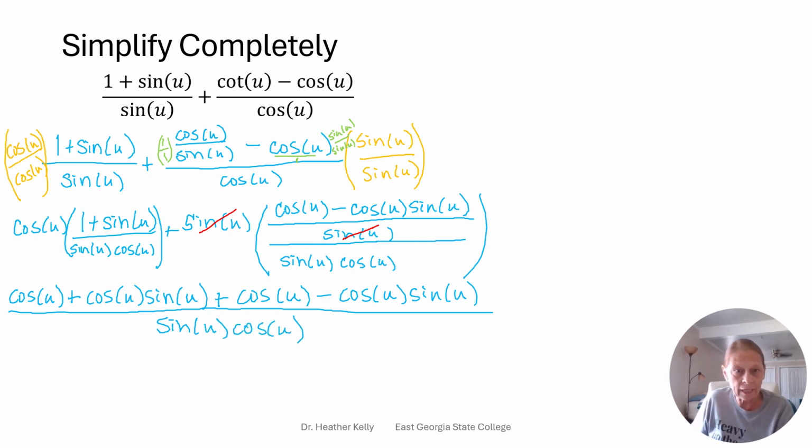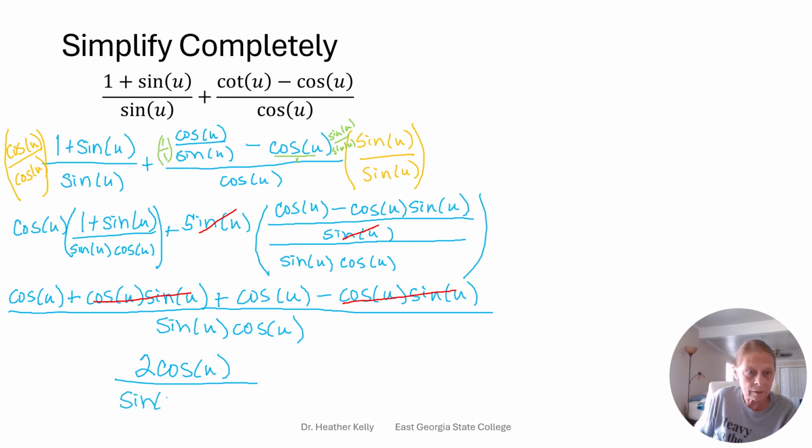Now let's see what cancels here. We have a positive cosine u sine u and a negative cosine u sine u, so those cancel. So let's see what we have now. We have 2 cosine u's over a sine u cosine u. So let's keep on going here.